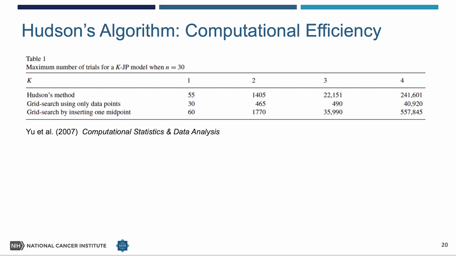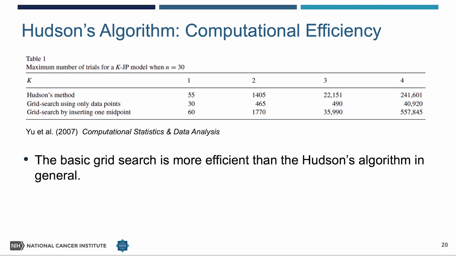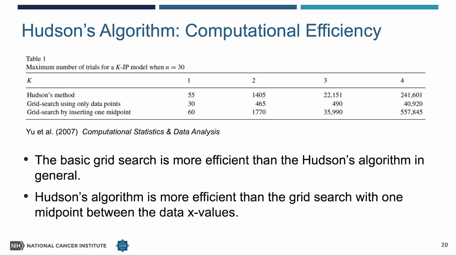In our paper published in 2007, we described the details of the Hudson's continuous fitting algorithm and made computational efficiency comparisons. We observed that the basic grid search is more efficient than the Hudson's algorithm in general.